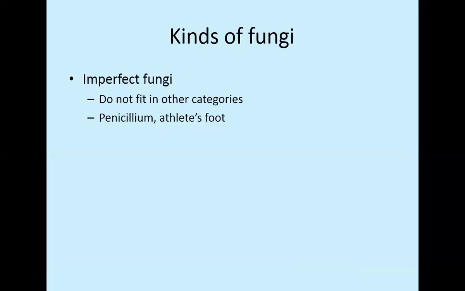Then there are those fungi which don't fit into any other category, so they are characterized as imperfect fungi. Penicillium is one important example of this group of fungi. Penicillium is important because this fungus was found to produce an antibiotic called penicillin. Penicillin is the first antibiotic produced by a fungus, and it was used to treat infections.